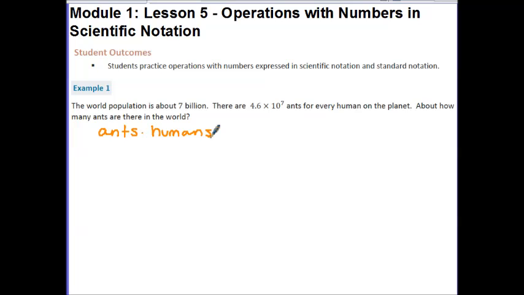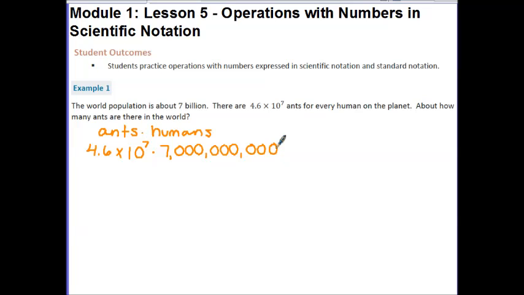So we know the number of ants is 4.6 times 10 to the 7th. And we're going to multiply this by 7 billion. So 7 billion, we would start with thousands, millions, billions. And as we learned yesterday, we need to either work in all scientific notation or all standard notation.